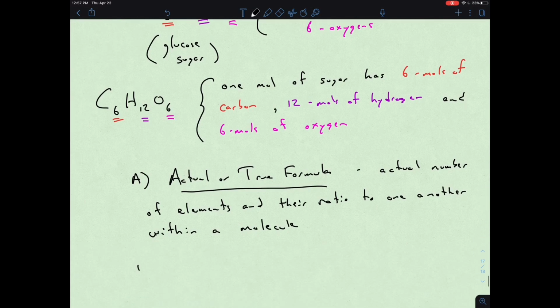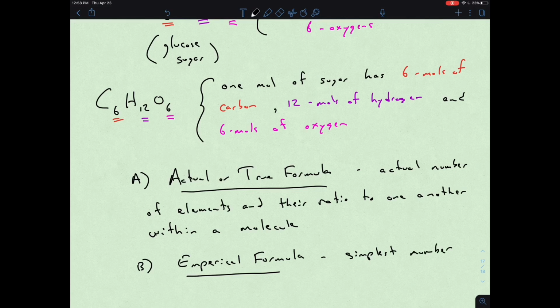And then there's also this idea of empirical formula, which is the simplest number of elements in their ratio.